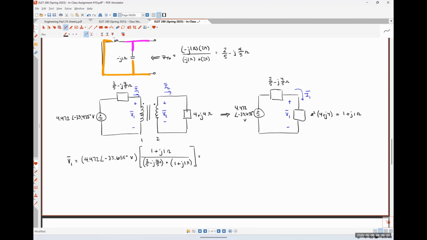Okay. So A times 1 plus 1I over 0.4 minus 0.8I. I think you wrote the voltage down. You wrote it as 635, it's 435. Thank you.